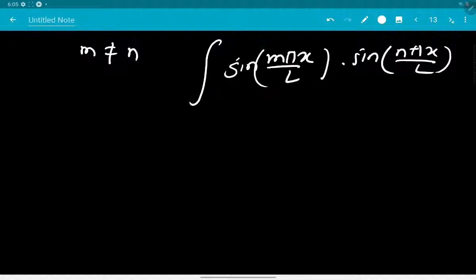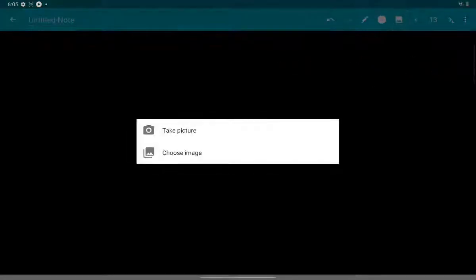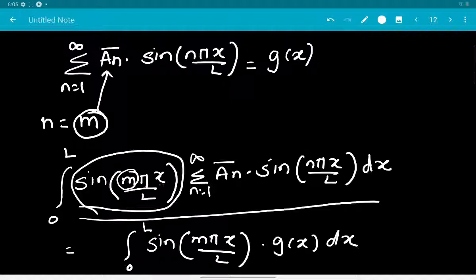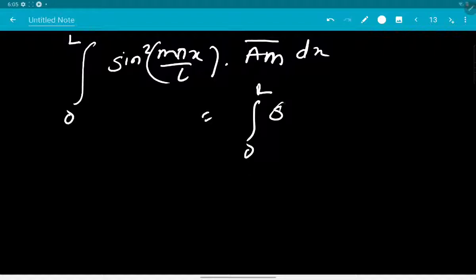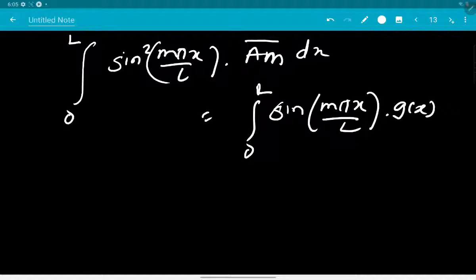So when m and n are not equal, that integration goes to 0, and hence from this earlier equation, everything else will go to 0 except when n becomes equal to m, and you will be left with only that term, which is the integration from 0 to L of sine square m pi x by L times a bar m dx, equal to the integration from 0 to L of sine m pi x by L multiplied by g of x dx.